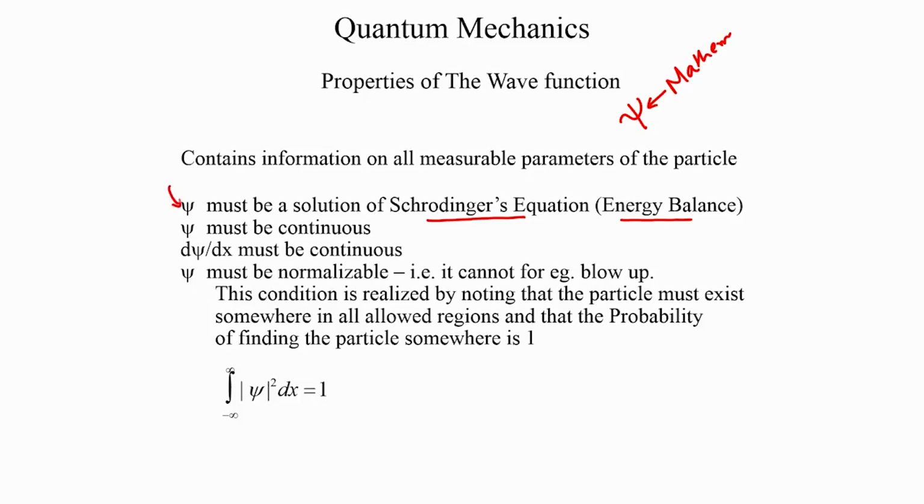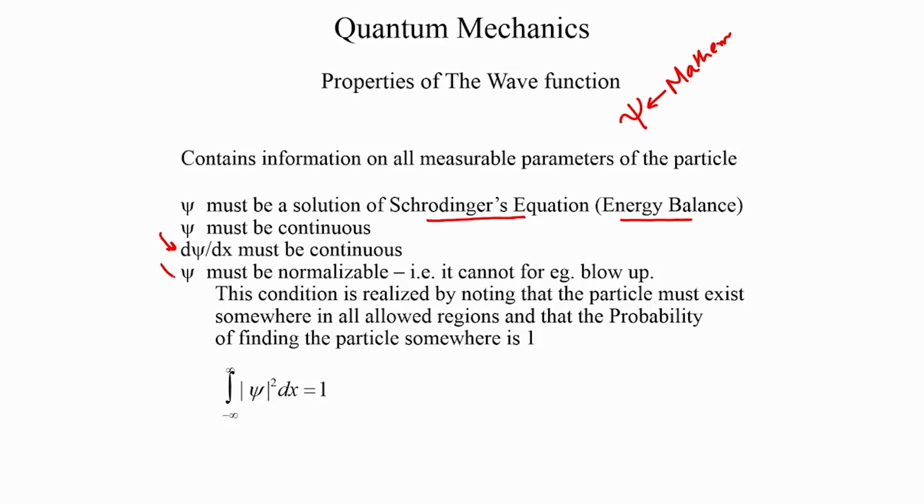The second condition is that the wave function must be continuous. You cannot have discontinuities in the probability of finding a particle in one region to another. The third is that the first derivative of the wave function in space must also be continuous, because this is connected to the momentum of the wave particle.